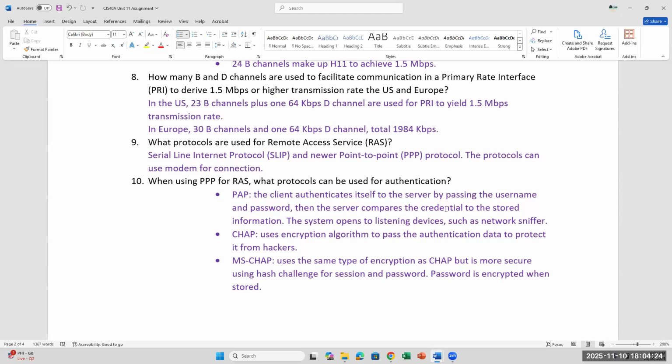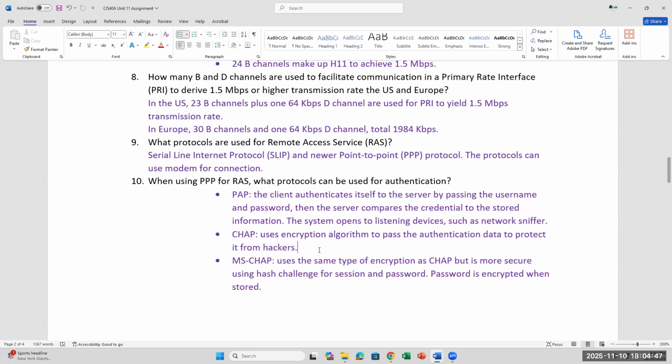Okay, so we want something more secure. Later on, a lot of the server systems, right, the OS, started integrating CHAP or MS-CHAP. Microsoft integrated MS-CHAP. CHAP uses encryption to protect that credential information while it's being passed.